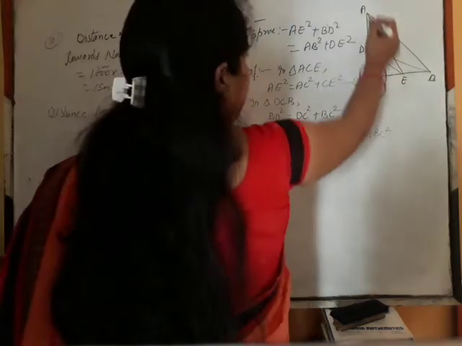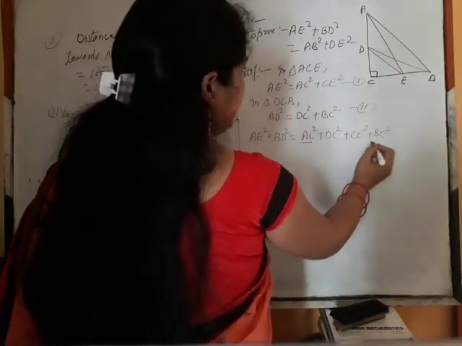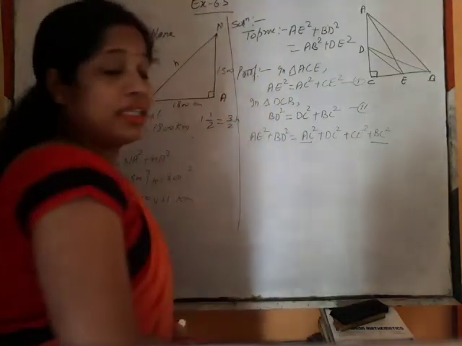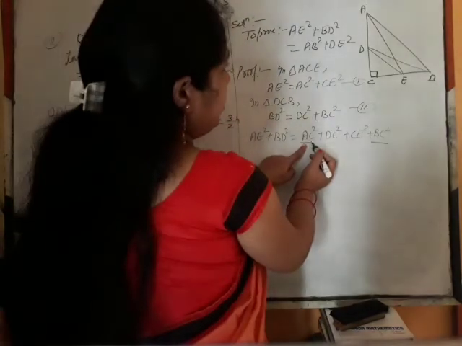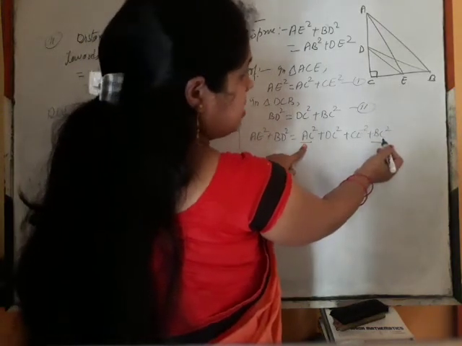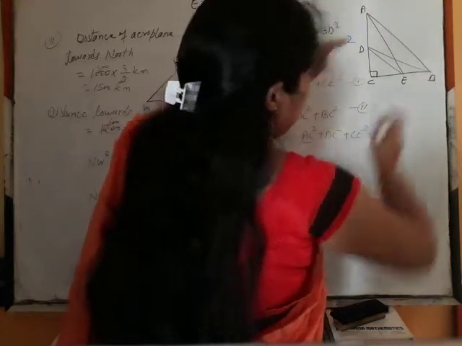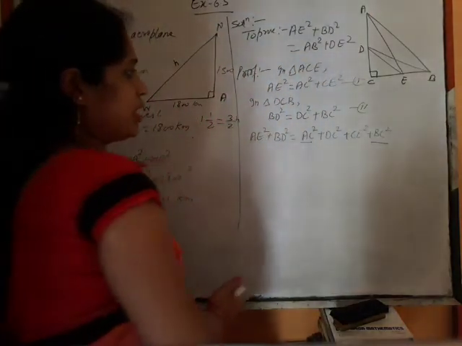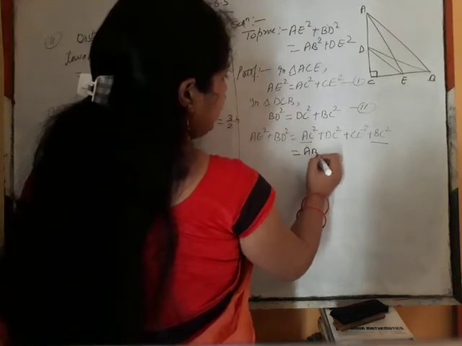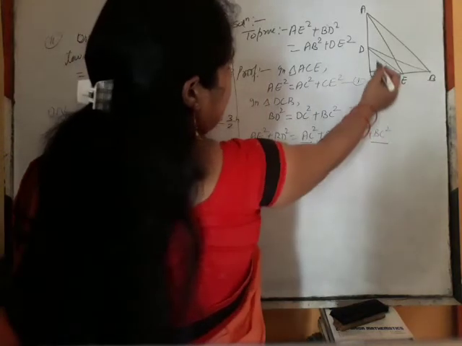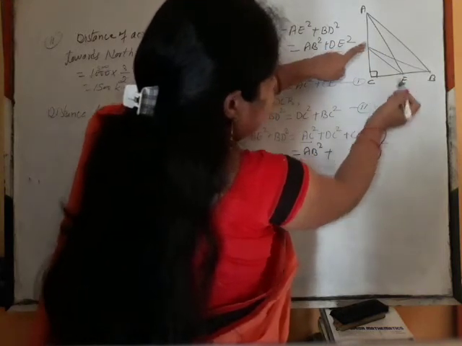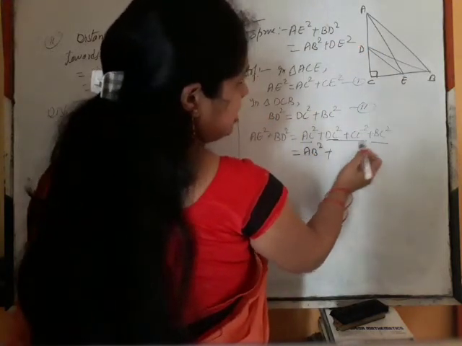Now you see this AC square and BC square, they make the perpendicular and the base, the square of perpendicular and base, they make AB square by Pythagoras theorem. So for AC square plus BC square we can write AB square, and here DC square and CE square is for the right angle triangle DCE.